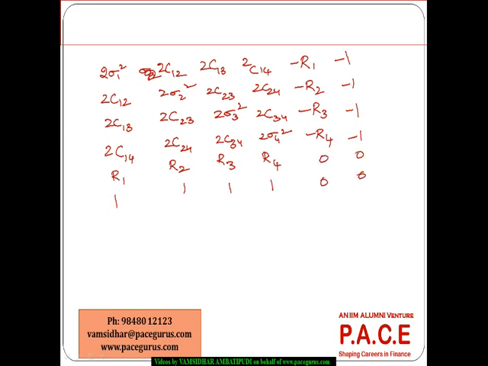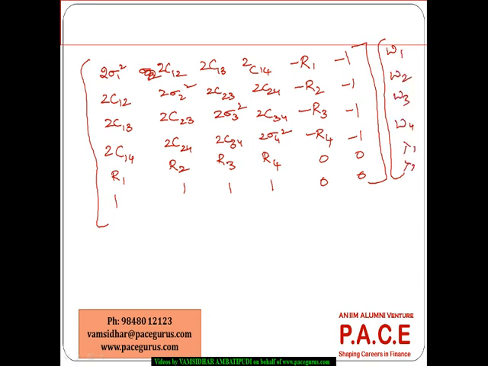This is what will become my matrix A, and this would be multiplied with another matrix W1, W2, W3, W4, lambda 1, lambda 2, which would be equated to B. So this is the quick way out in terms of determining the weightages W1, W2, W3, W4 to finally arrive at the appropriate combination which is going to mitigate the overall risk of the portfolio.